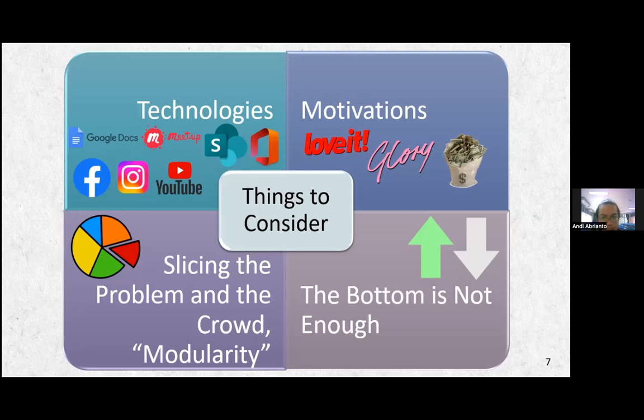The third thing to consider is slicing the problem and slicing the growth. Another key issue in developing a collaborative strategy is to understand whether and how to divide up the tasks at hand.